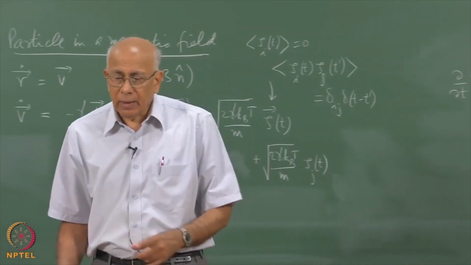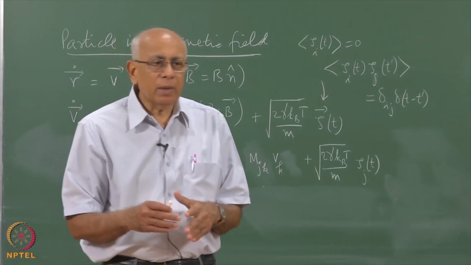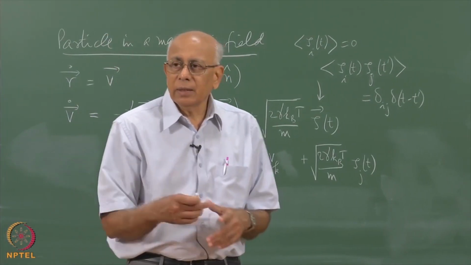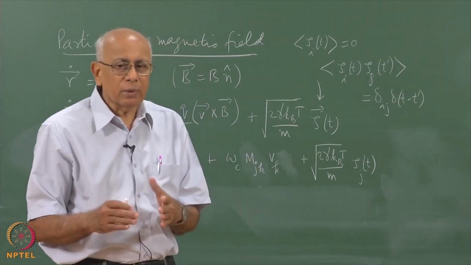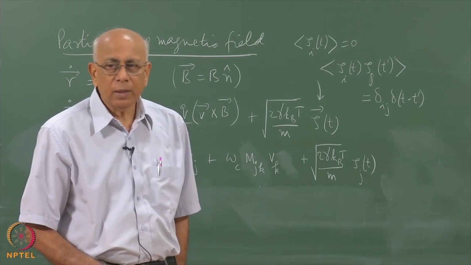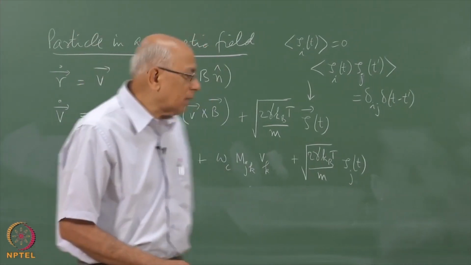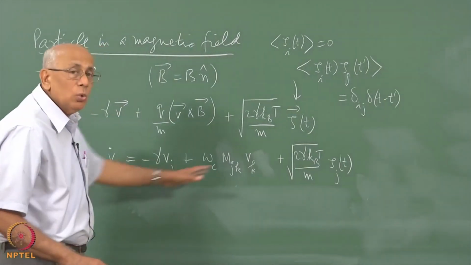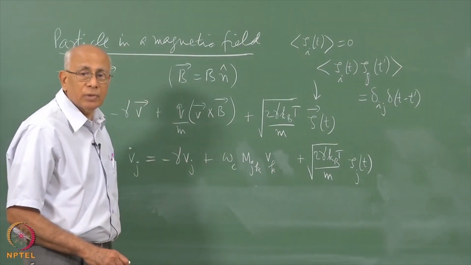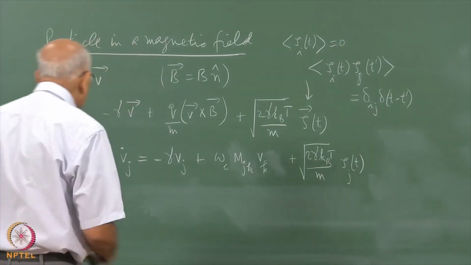And we discovered that in the longitudinal direction it was not affected, it was kT over m gamma, but in the transverse directions it was modulated by a factor which depended on the relative strength of gamma and omega c, the cyclotron frequency. I want to derive that result by starting here and going to your Smoluchowski equation. Okay. So let us see how to do that.